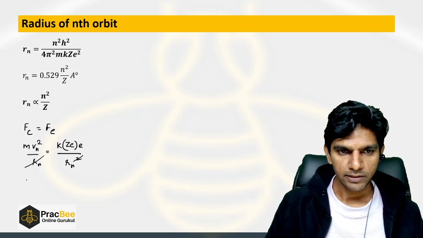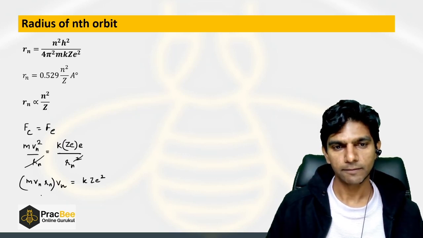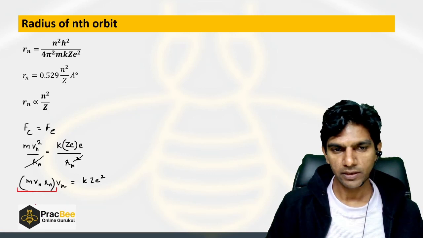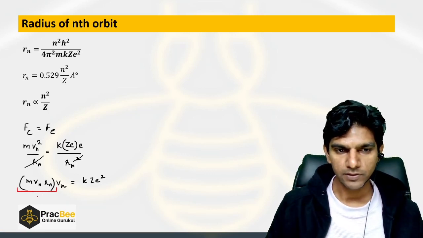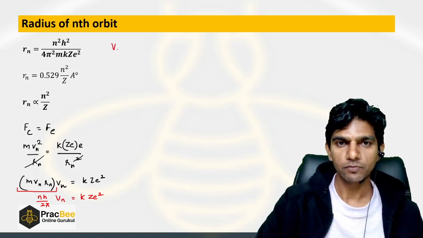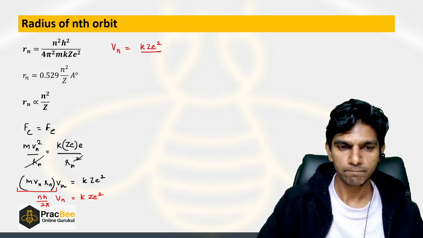So we can write this as m vn rn times vn equals k Ze square. And we know that m vn rn is nothing but the angular momentum. So if the electron is orbiting in the nth orbit, this will be n h upon 2 pi. From this equation, we will get the speed, so vn will be k Ze square divided by n h upon 2 pi.